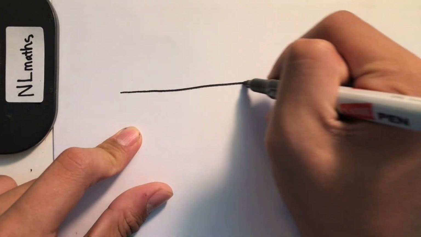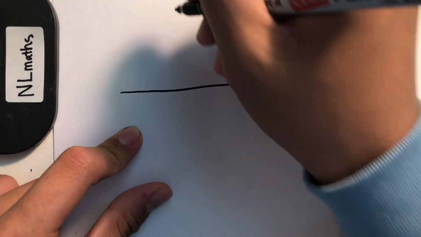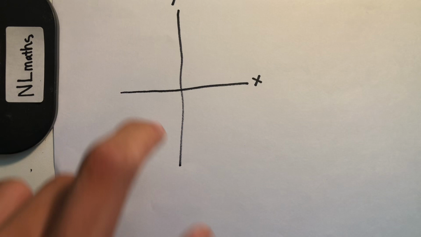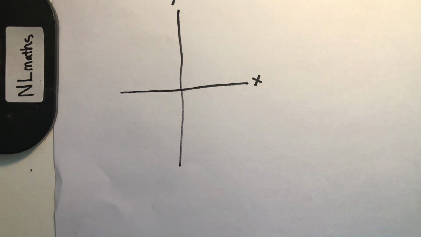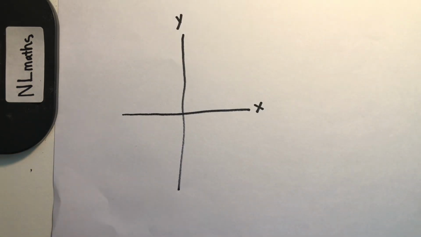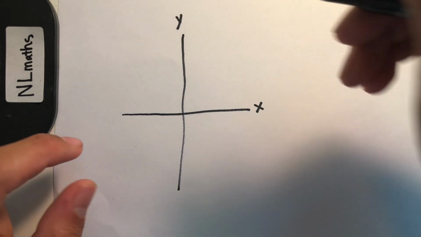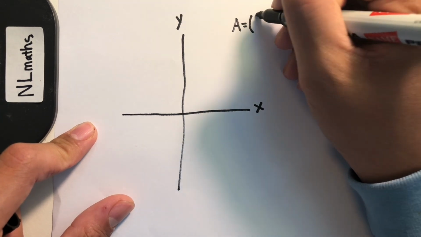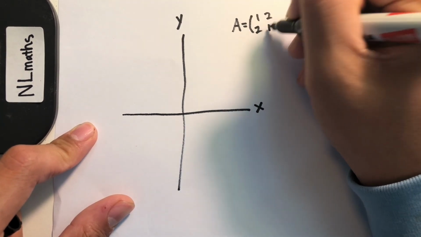So here we have the x-plane, and here we have the y-plane. So I'm going to be using this particular example for the whole video, and that's going to be that A equals 1, 2, 2, 1.